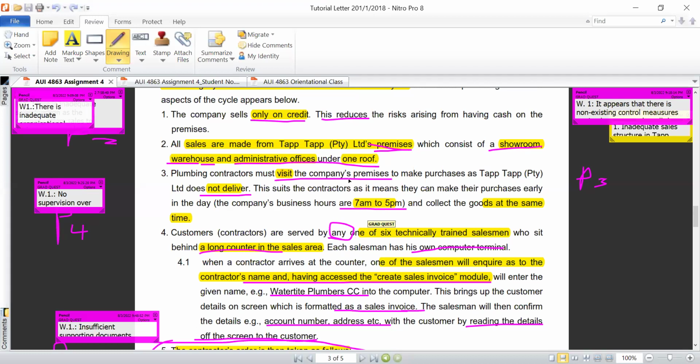Let me repeat it again. Plumbing contractors must visit the company's premises to make purchases, as the company does not deliver. Now, I'm thinking to myself, what if you've got someone that wants to order from outside of the country and they want you as a company to provide them with shipment?